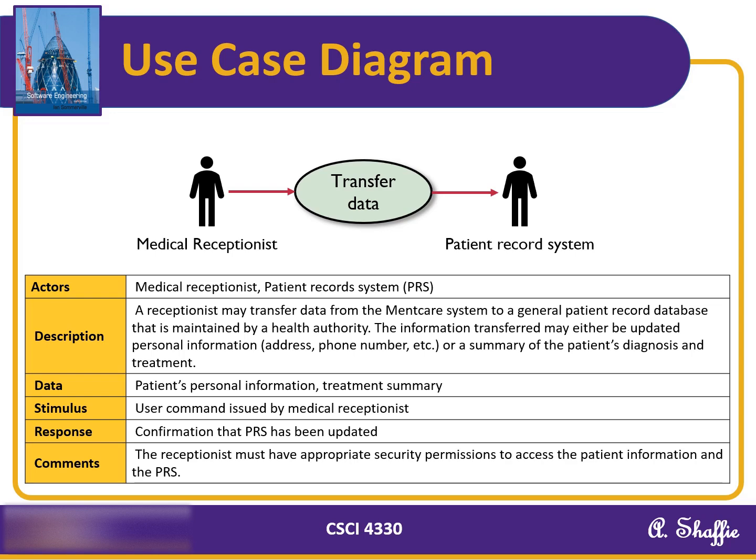The stick figure notation is used to symbolize both human interactions and interaction with external systems. Typically, use case diagrams feature a line without arrows, as arrows in UML indicate the direction of message flow. In this example, arrows are used informally to demonstrate that the medical receptionist initiates the process and data flows to the patient record system.